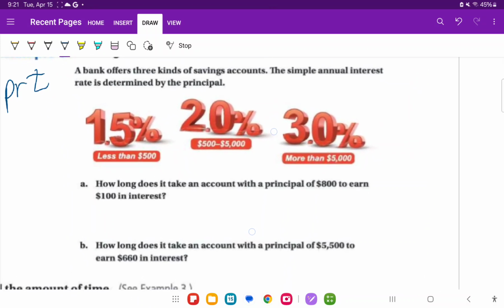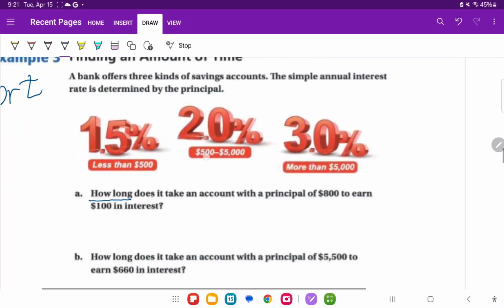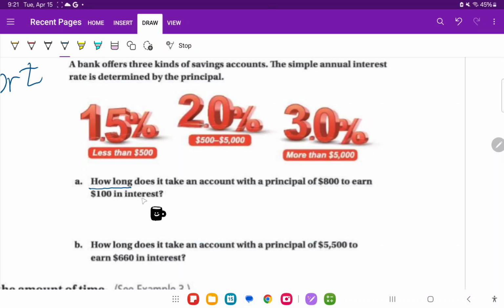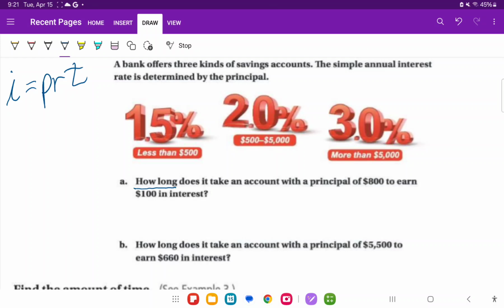Okay, so how long? There's how we know we're looking for time, because in this section we're looking for time. How long does it take? Okay, so we have all of our pieces that we need to know. The principal is going to be $800.